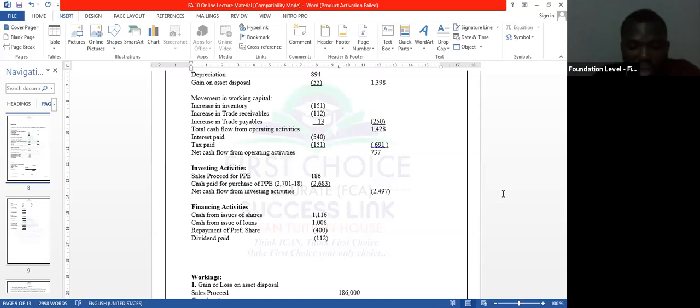To compute, since there's no other information that we are going to use. So what do we compute? So let's add together. We have the net cash flow from financing activities.